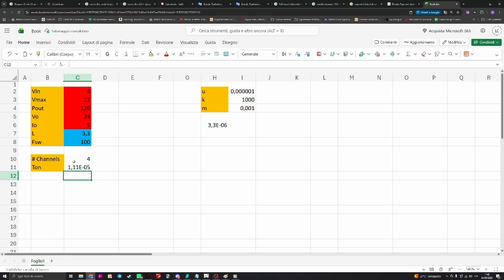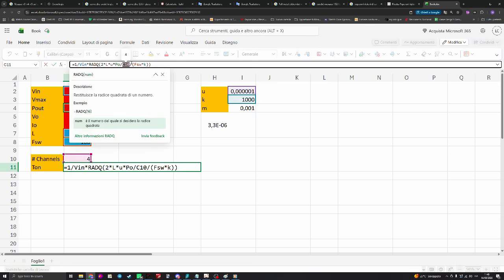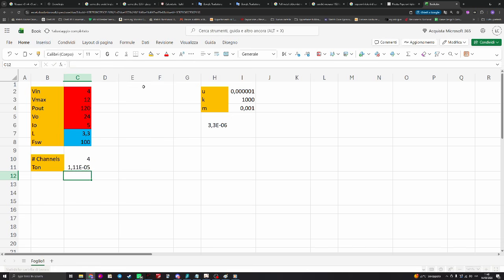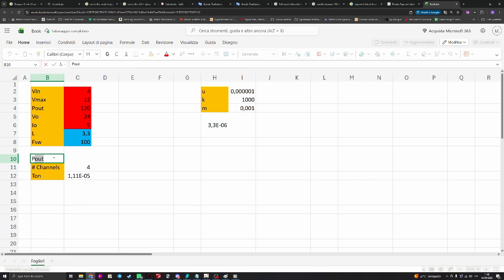Again, this number of channels we'll call n, and so we have the power divided by n. This will be the parallel channel that we have. Okay, and of course we can also put the power per channel. Probably it's better to do like this. PO per channel. It's of course PO over n.